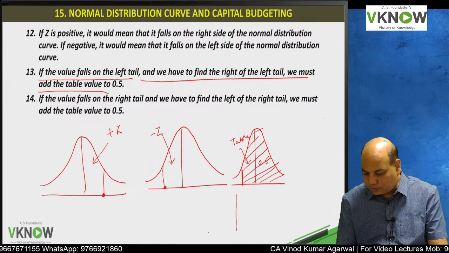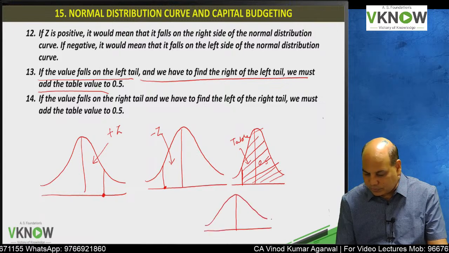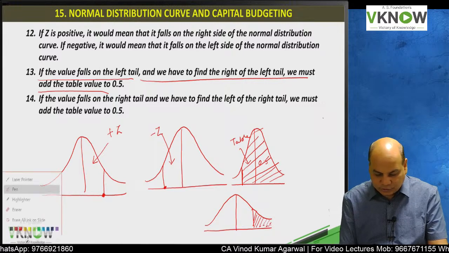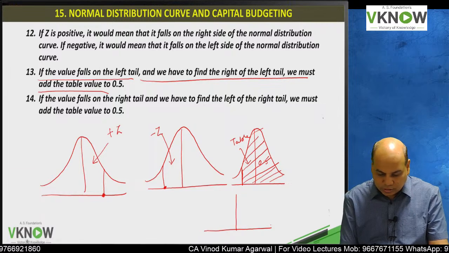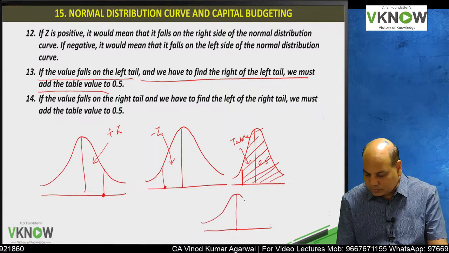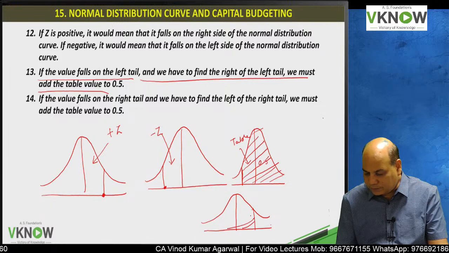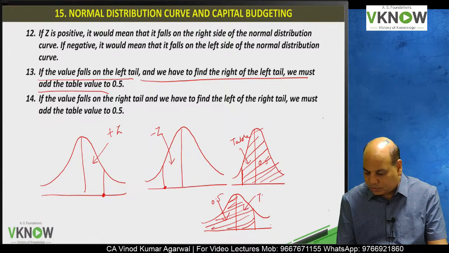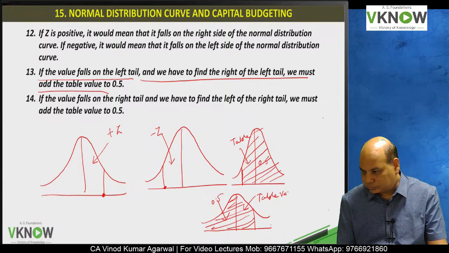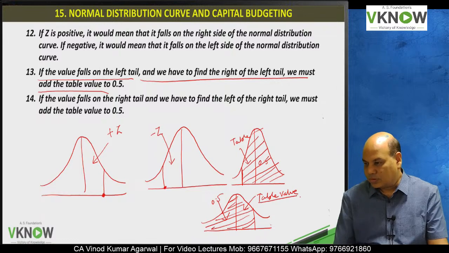And if the value falls on the right, and we have to find the left of the right tail, this area, then we have to add 0.5 to the table value. Is it right?